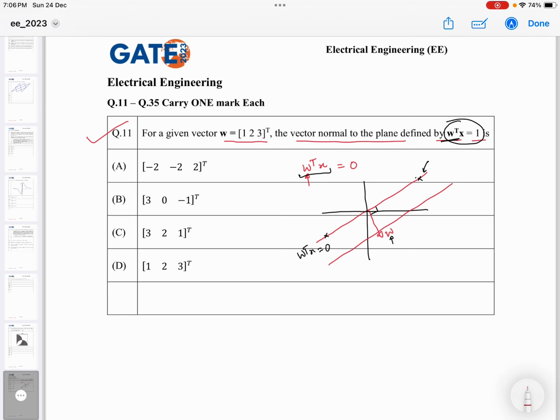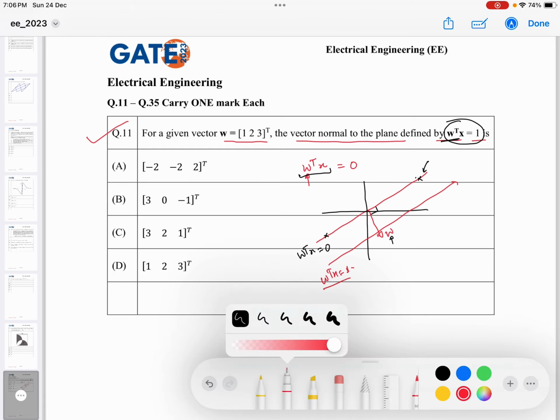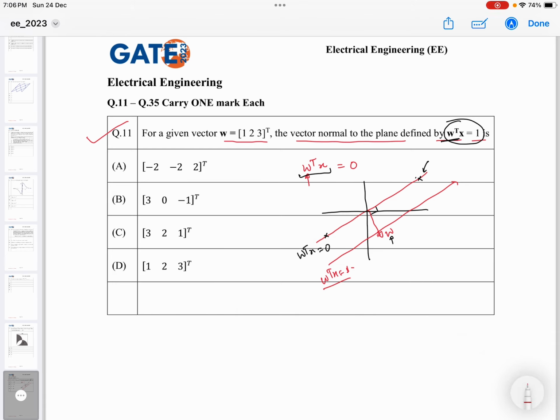So maybe like this. This is w transpose x is equal to 1, and the same vector w is going to be perpendicular to this plane also, right? So same vector w. We have been given this w, and what we have been asked is the vector normal to the plane defined by this equation.